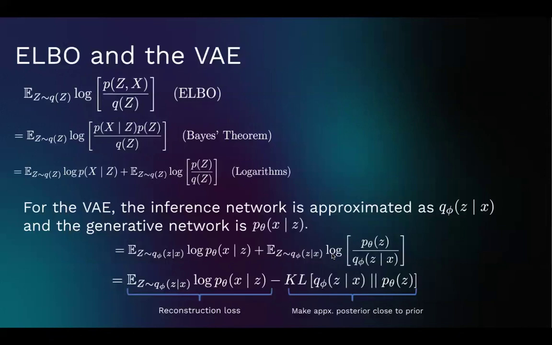So people rewrite this last term, called the ELBO, the evidence lower bound, and you can boil this down into two interpretable terms. One is the reconstruction loss, of how well our VAE can reconstruct our input data. The other is a measure of how well the posterior can estimate the prior.